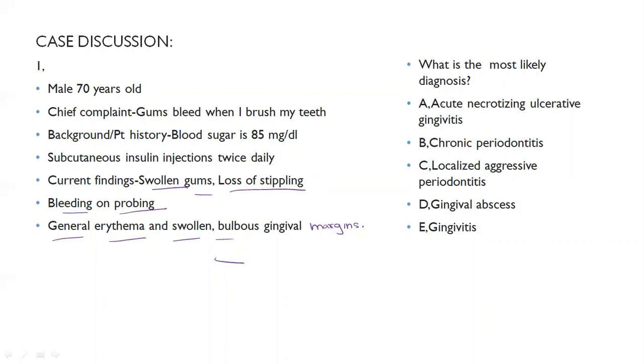So I don't think it is acute necrotizing ulcerative gingivitis, because in case of ANUG there's always a punched out crater-like lesion. Whereas in chronic periodontitis, it is over a long period of time where the patient might have halitosis, loss of attachment, along with all these symptoms.